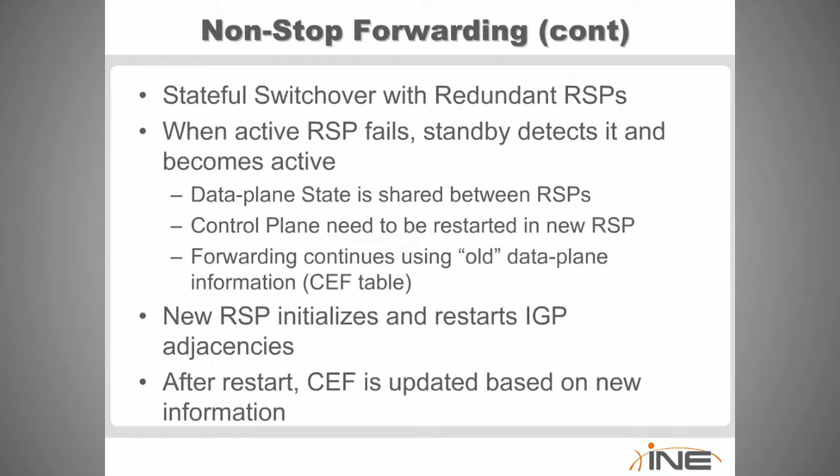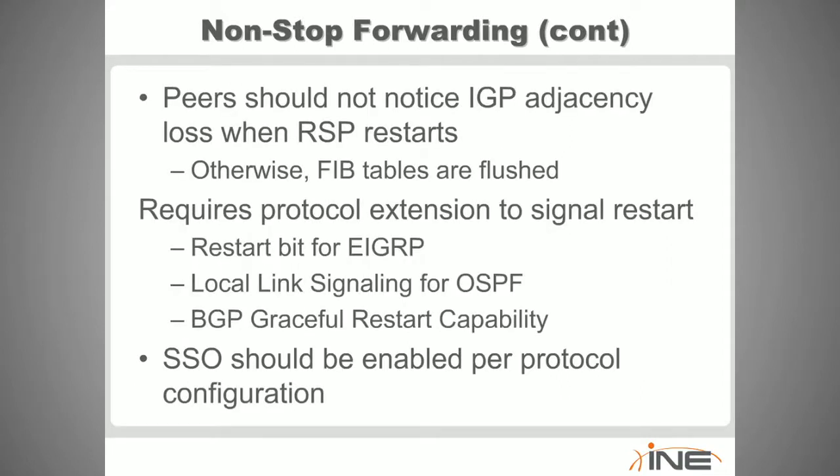So this type of signaling that is done by the Interior Gateway Protocol, the IGP, depends on the individual protocol. EIGRP uses something known as the restart bit. OSPF uses link local signaling, or the opaque LSA. BGP negotiates the graceful restart capability. But the theory behind the three of them is going to be the same.